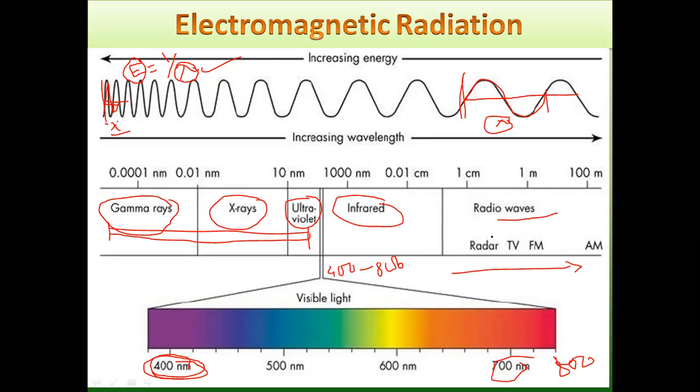That's why it is used in various instruments, like the TV, FM. For that we use radio. So this radiation can be used for that. It is not so hazardous for you because of lower energy.